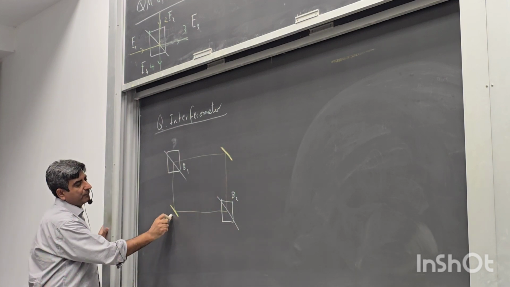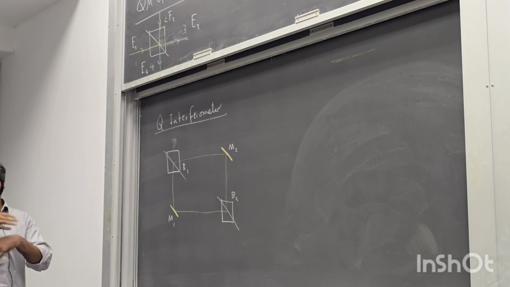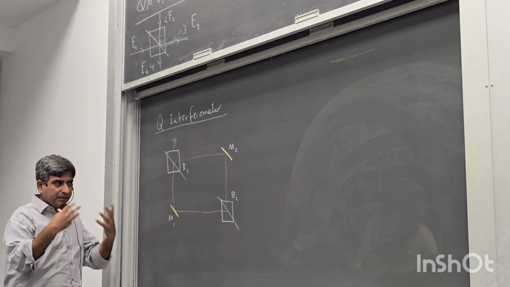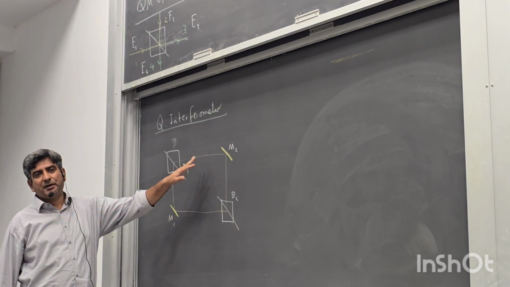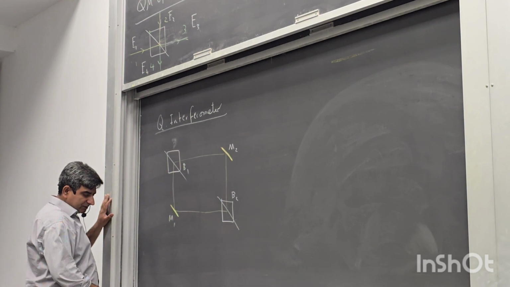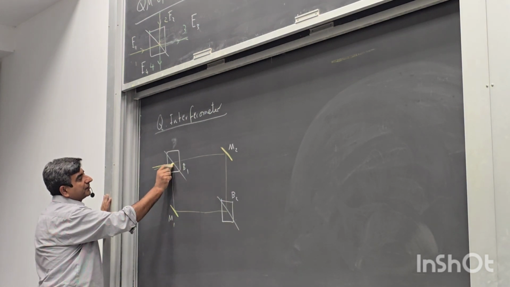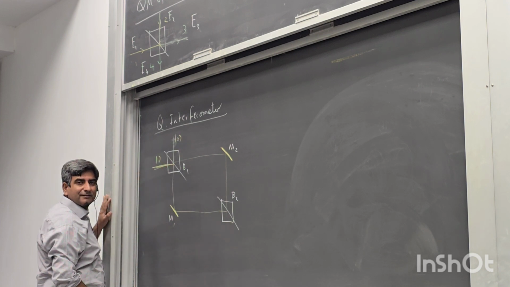And there are two mirrors, M1 and M2. What the mirrors do is they just change the path of light, and they might apply a 90-degree phase shift on each of these paths. So suppose a single photon is fed into the system, vacuum in here.